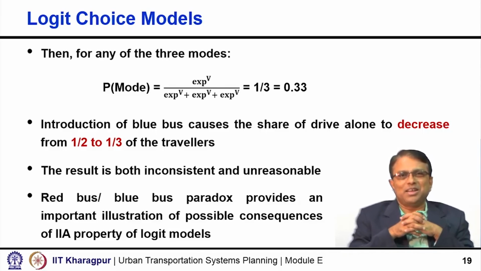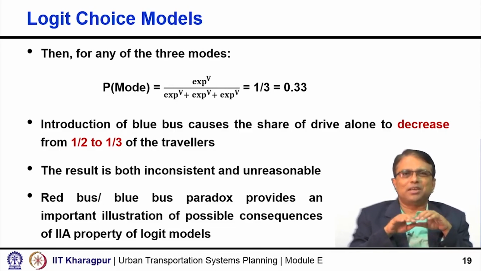But what do you actually expect? You do not expect drive alone people to shift, because you have only considered travel time and travel cost, nothing else, and both buses are the same in terms of travel time, travel cost and everything, except that one is painted red and the other is painted blue.